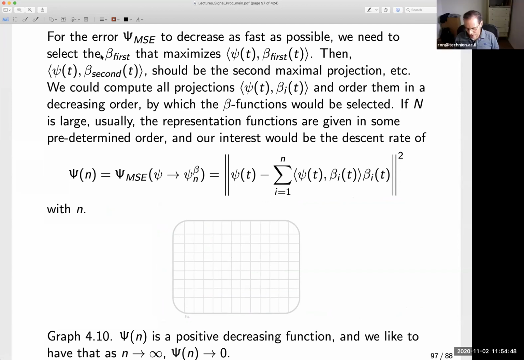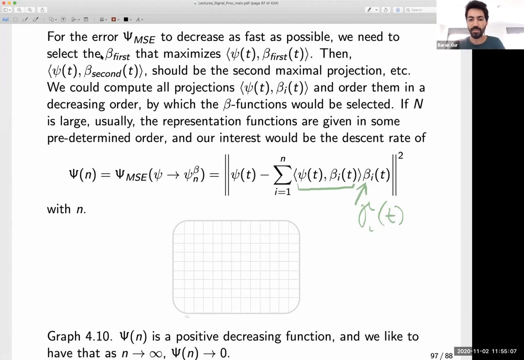So just to translate what you're saying: if now I'm choosing not beta, but rather a new set of functions, gammas, then you'll have to translate these numbers into this new basis. Was that correct? I said that if you're changing the order of the betas for every function, then you need to add it to the representation.